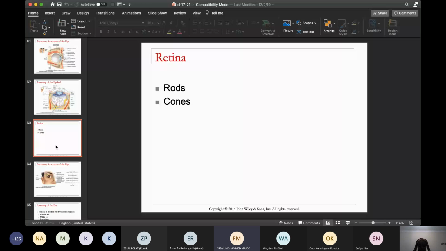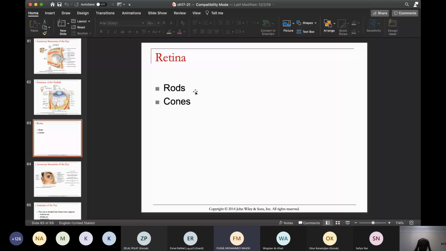And there's two primary types of photoreceptors, again, either rods or cones. When you look at the sheer number of these two different types, within each retina we have about 6 million cones. Okay, 6 million cones. In terms of rods, we have about 120 million rods, 120 million.